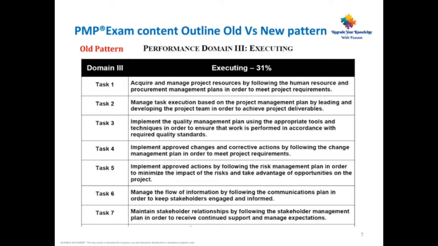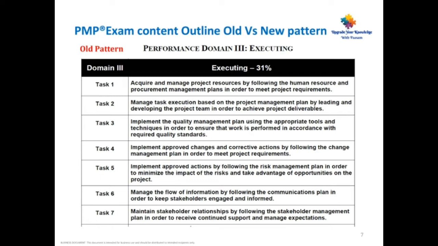Task 5, implement approved actions by following the risk management plan. Task 6, manage the flow of information by following the communication management plan. Task 7, maintain stakeholder relationships by following the stakeholder management plan in order to receive continued support and manage expectation.